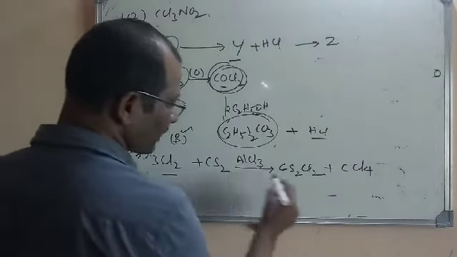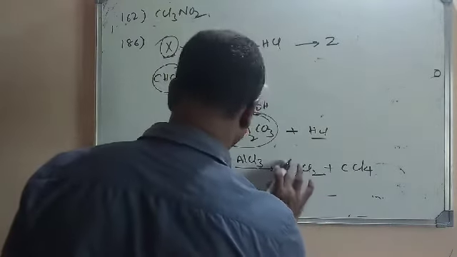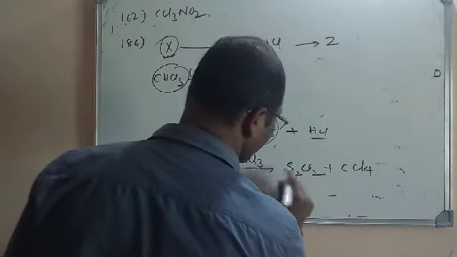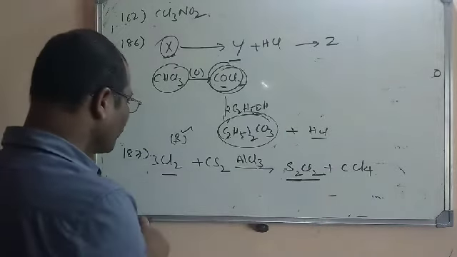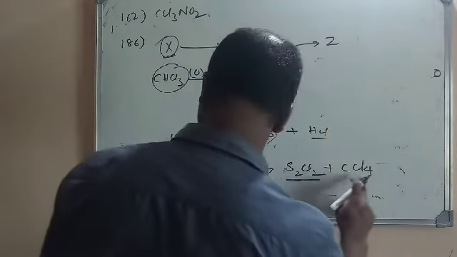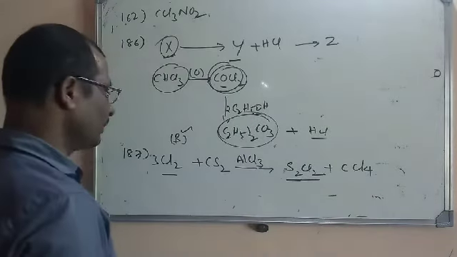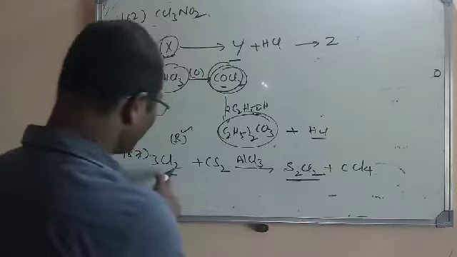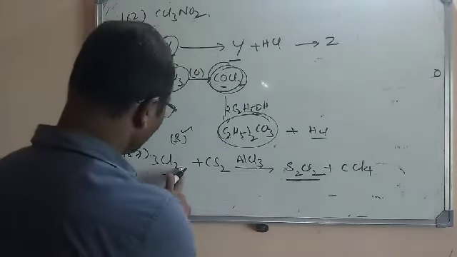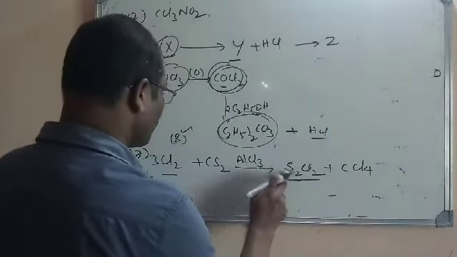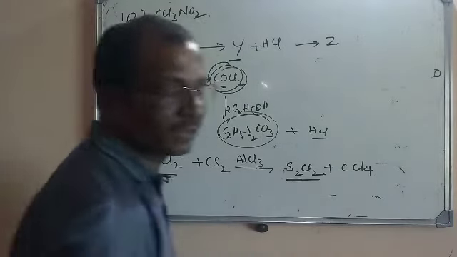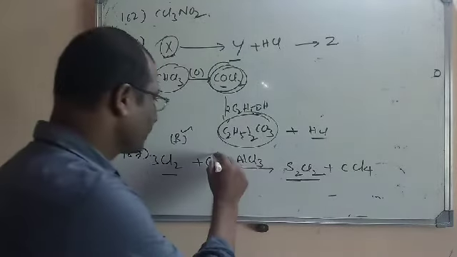If you observe this reaction, S2Cl2 will be formed here along with CCl4, carbon tetrachloride. If you see the balancing, 6 chlorines on both sides, and 2 sulfurs and 1 carbon. So S2Cl2 will be formed in this reaction.